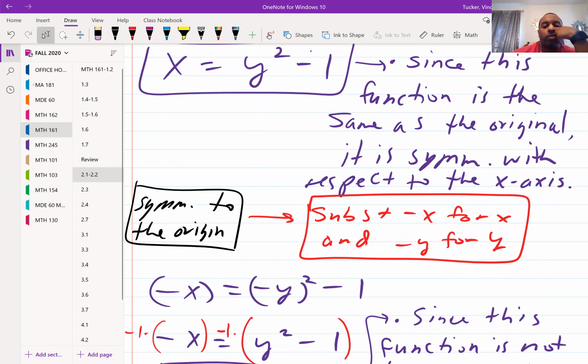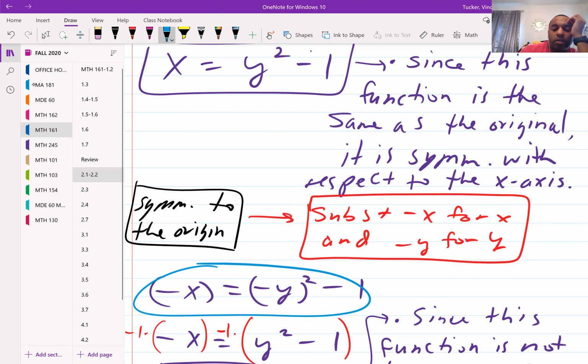All right, so the last one, talking about being symmetric to the origin. This time you have to substitute negative x in for x, negative y in for y. And that's what I do right here. So that's negative x equal to negative y squared minus 1. And then I have that situation again where I have negative x sitting here.